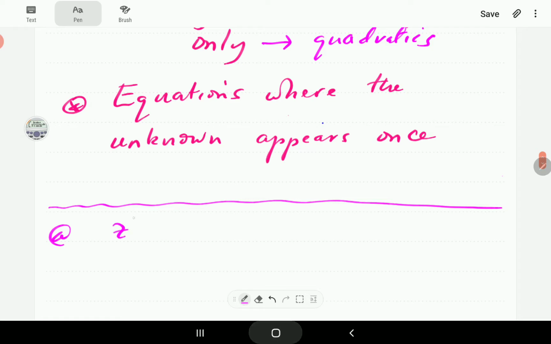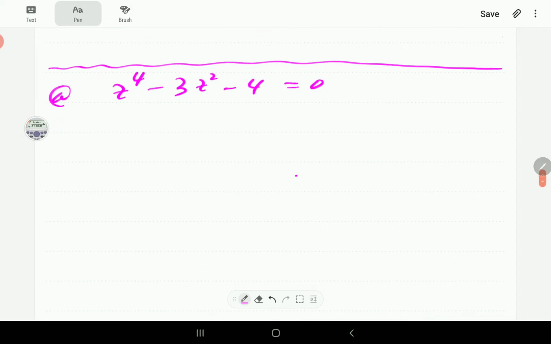In the first example, we've got z to the power 4 minus 3z squared minus 4 is equal to 0. Here only the even powers appear.